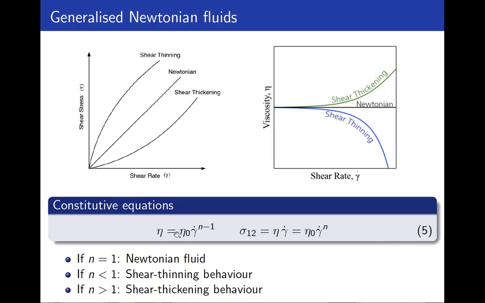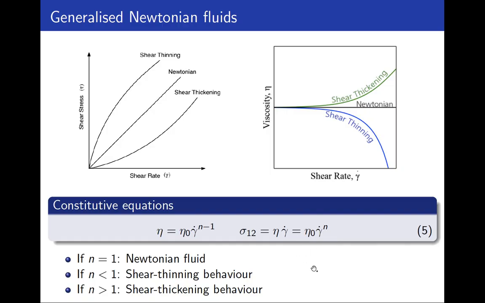And we substitute this equation into this one, we obtain something like this. So if the superscript is equal to 1, we have the linear behavior we observe here.